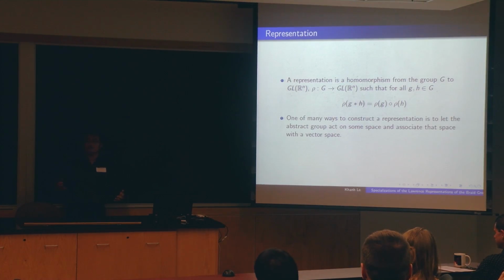What we are interested in about the braid group is its representations. A representation is a correspondence between an abstract group G and a group of matrices, such that the correspondence behaves nicely with respect to the multiplication in the abstract group and the multiplication within the group of matrices. One way to construct a representation is to let the abstract group act on some space, and we can associate that space with a vector space.